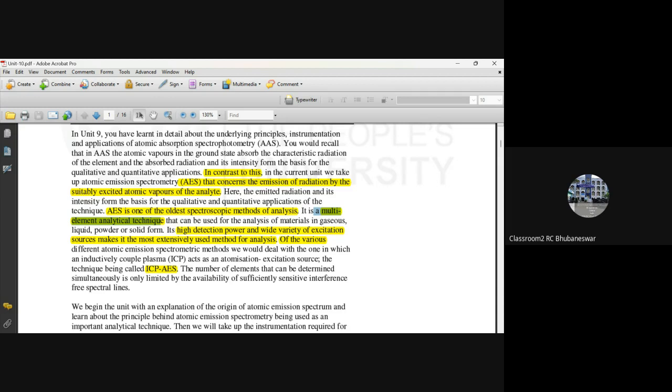You have to change the sources and many parameters, like the way we discussed in the last class for AAS, atomic absorption spectroscopy. There we saw that from element to element you have to change the radiation source, and then you have to change your monochromators accordingly. That is the difficulty with this kind of technique.